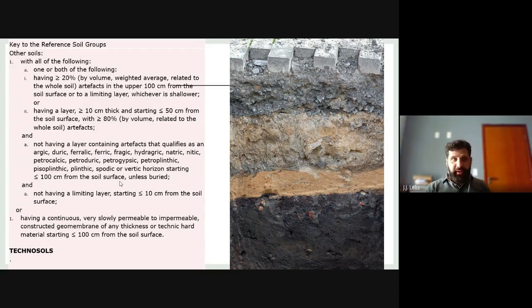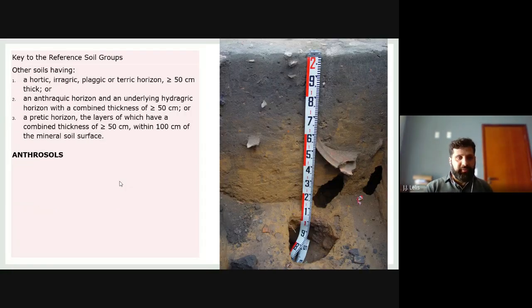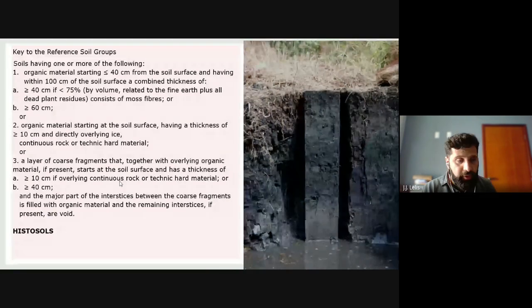So in this class, we have a huge, fast brief about all the 32 reference soil groups. And now we start to highlight each one. We start with histosols, those soils that possess a thick organic layer or organic horizon.